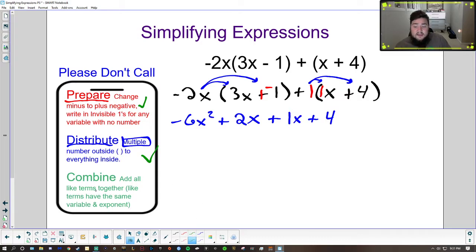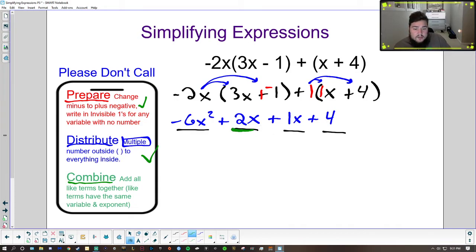The last thing I need to do is to combine any like terms. So I'm going to look at my 4 terms. I have negative 6x squared, 2x, 1x, and 4. I need to figure out if any of these 4 terms are like terms. Like terms have to have the exact same variable and the exact same exponent.